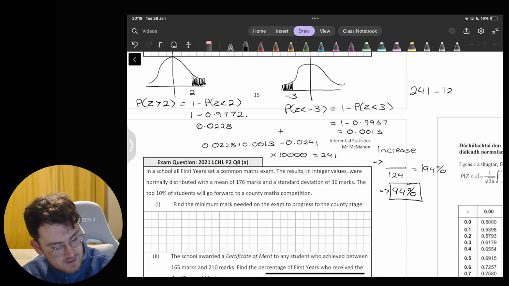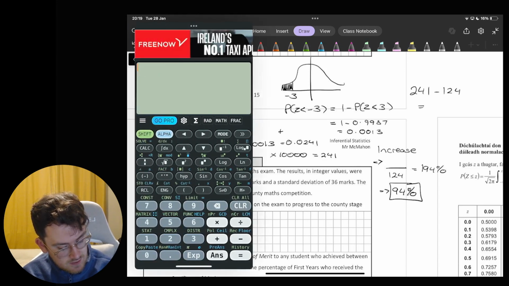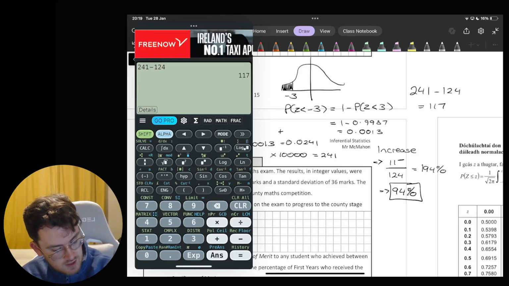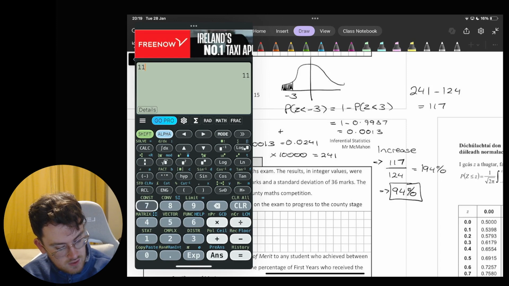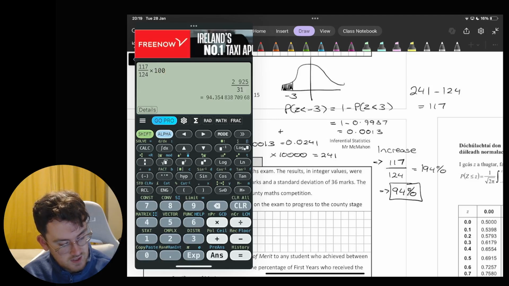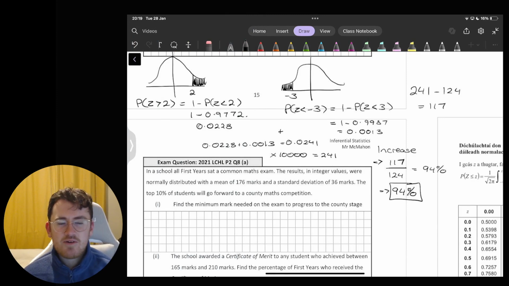We would look at what the increase itself is, which is 117, and use that increase over the original value and multiply by 100 to get our 94. A bit more straightforward. I'm not sure why I went roundabout at it there, looking at the overall 100% idea first.